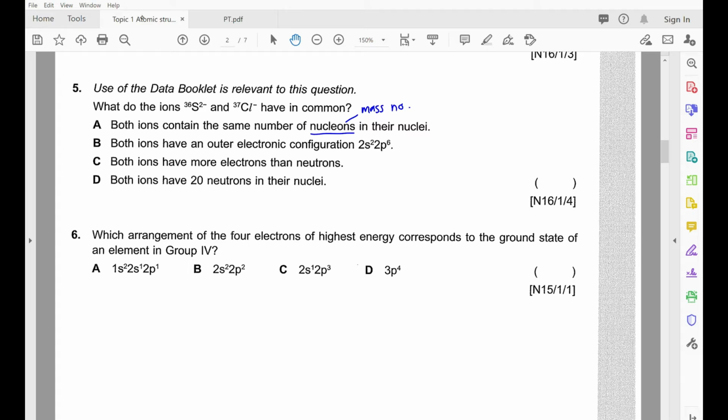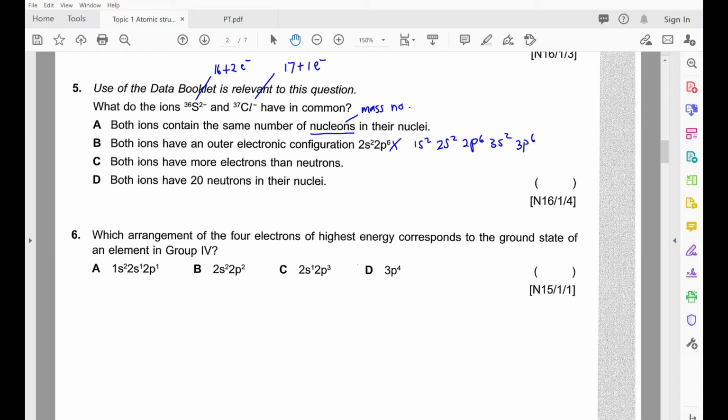Both ions have outer electronic configuration of 2s2 2p6. So S has 16 plus 2 electrons, whereas chlorine 17 plus 1 electron. So we know the number of electrons they have are the same. So let's write down the electron configuration for 18 electrons. So it's not this.